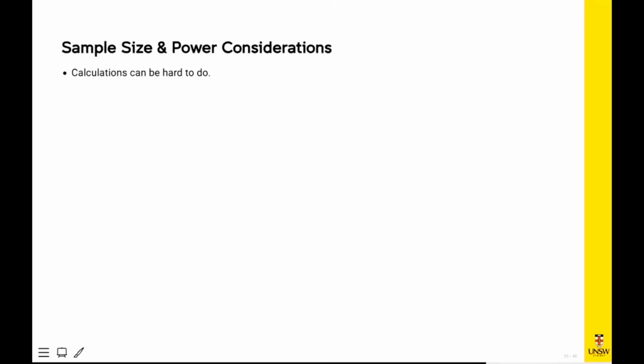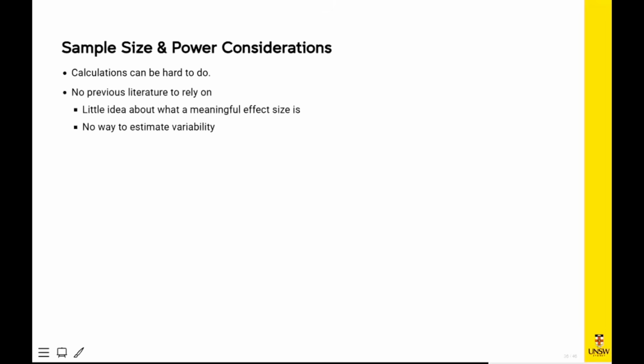So, things to think about when you are calculating your power or sample size. First of all, I gave you a couple of pretty straightforward examples, but in general, these calculations can be really difficult. With any degree of complexity, the difficulty goes up so quickly.